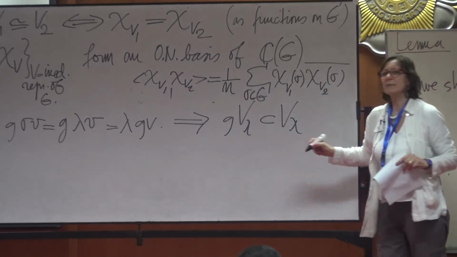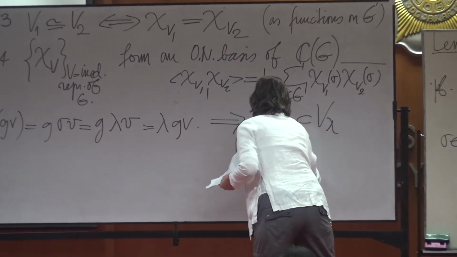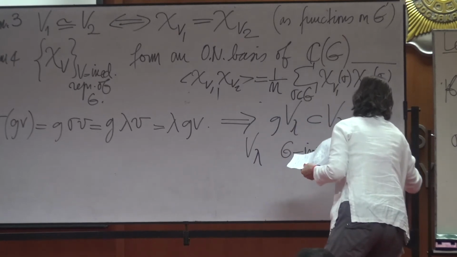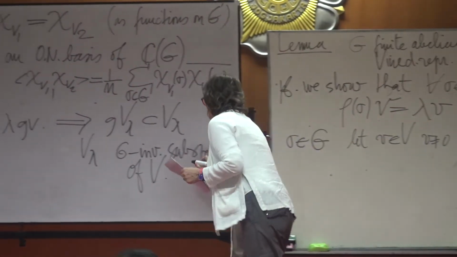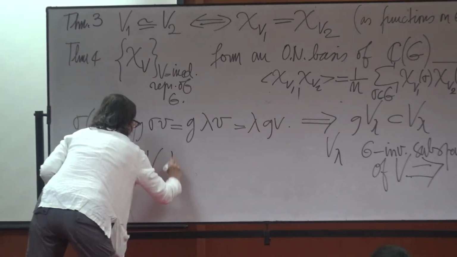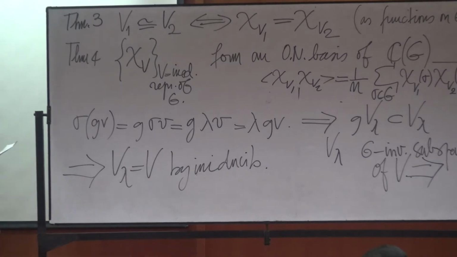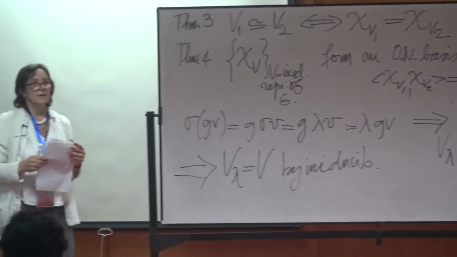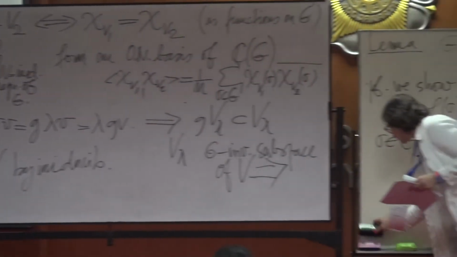So it means that V lambda is a G-invariant subspace of V. And then by irreducibility, it has to coincide with V. We can repeat this argument for every sigma in G. So it means that every element of G acts by scalar multiplication on V. So V has to be one-dimensional. Okay.